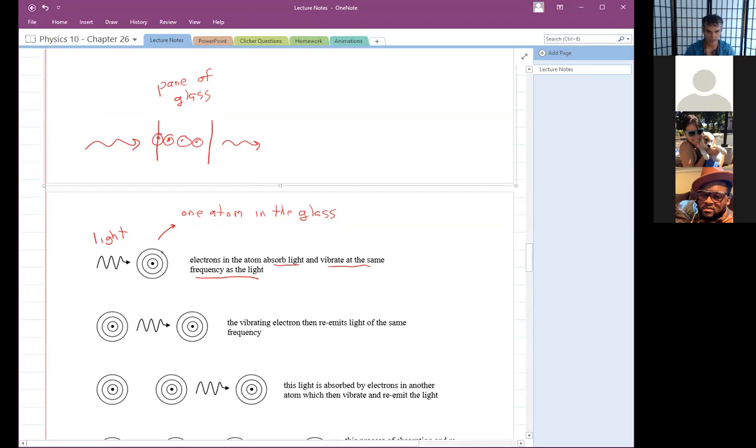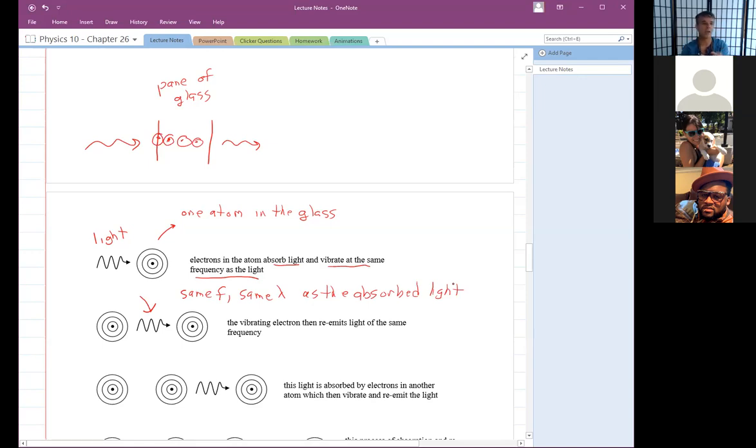Well, this oscillating electron will then create its own light. And that light will have the same frequency, the same wavelength as the absorbed light. So it is identical in every way, but it is a new piece of light.